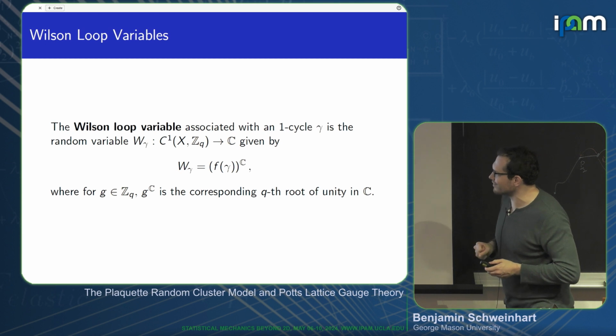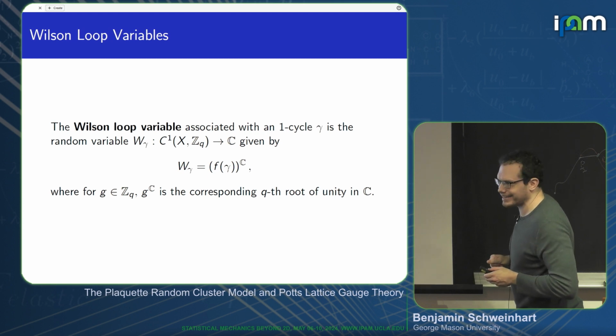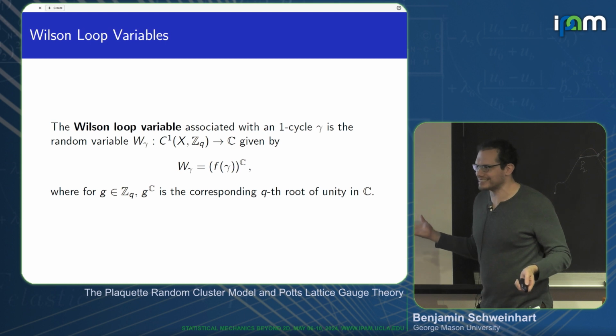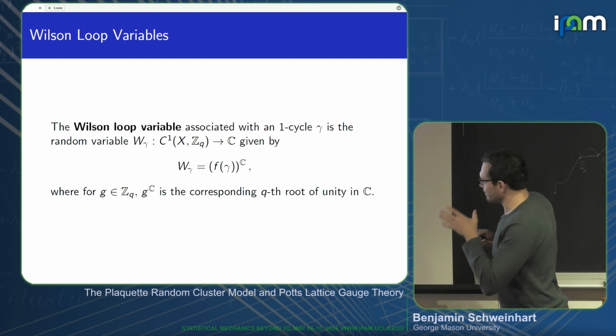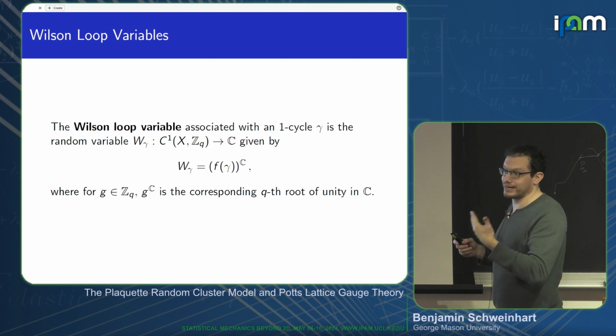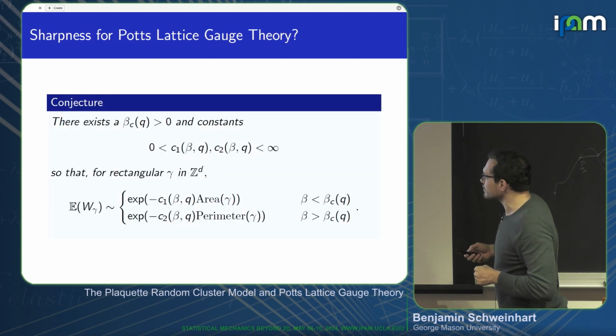But for the purpose of this talk, you can just act like we're doing multiplication in the Q roots of unity. And you want your Wilson loop variable to be there so you can take expectations in the complex numbers. So you assign Q roots of unity to your edges, you have a loop, you take the product of the spins, and you're wondering what is the expectation of this product.